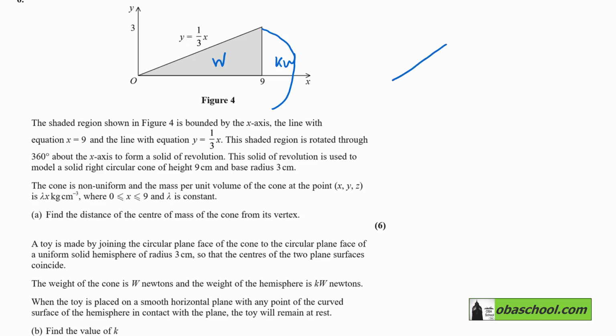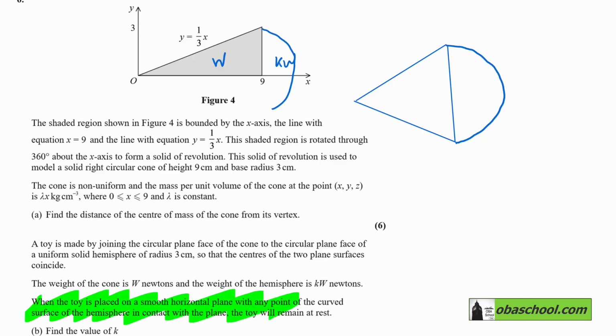So we just draw a diagram from the side of this situation. We have our cone, and then we have the hemisphere here. What we're being told by this paragraph just here is that the center of mass of the whole thing must be here, just where they join.